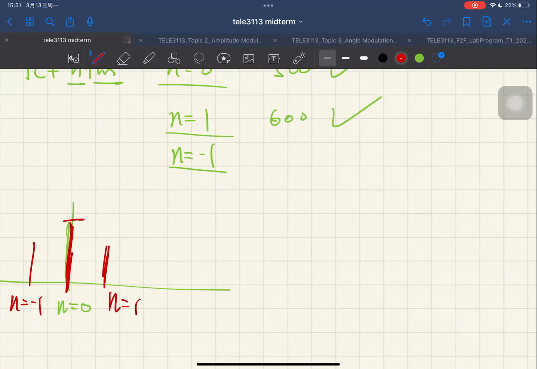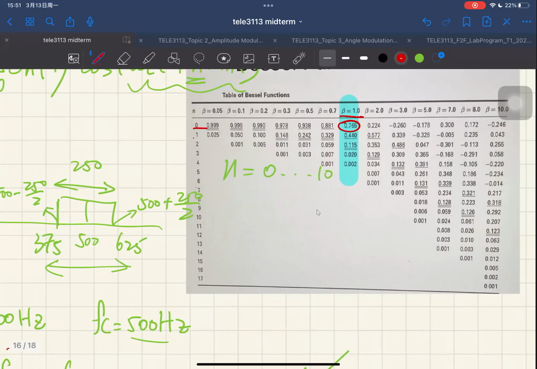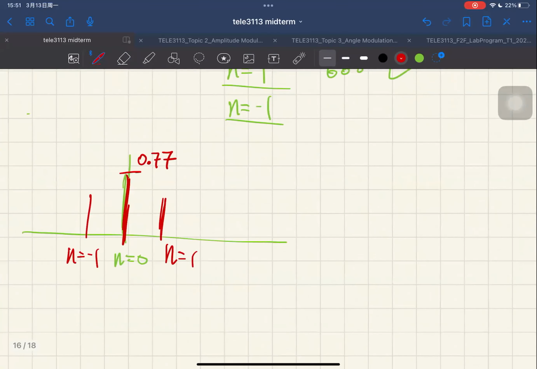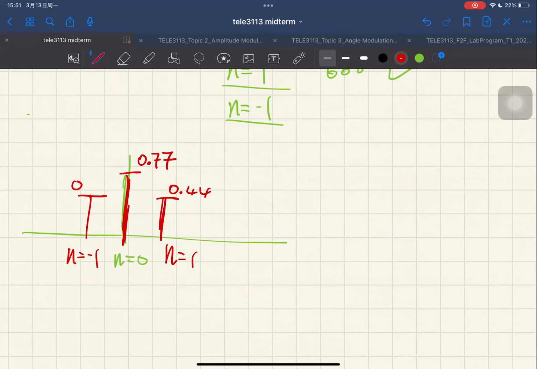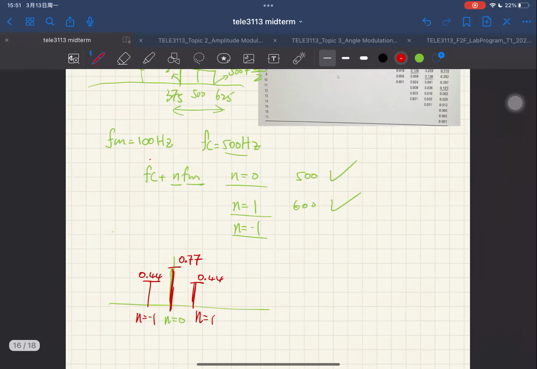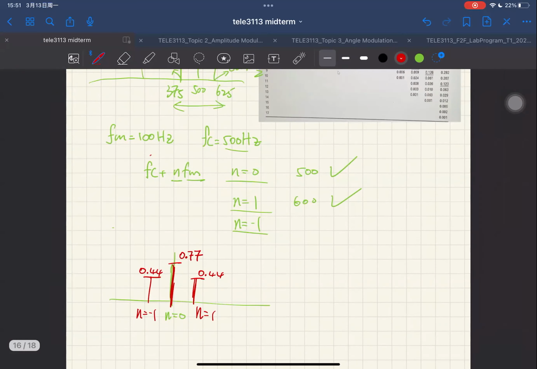So this magnitude is going to be 0.77. What about beta equal to 1 and n equal to 1? It's going to be 0.44, if you look at the table. This value is going to be 0.44, and because they are even symmetrical, this one is also going to be 0.44. So that would be what the frequency spectrum looks like. And the rest of the frequency components all get blocked by the band pass filter, so we're not going to show them on the spectrum.